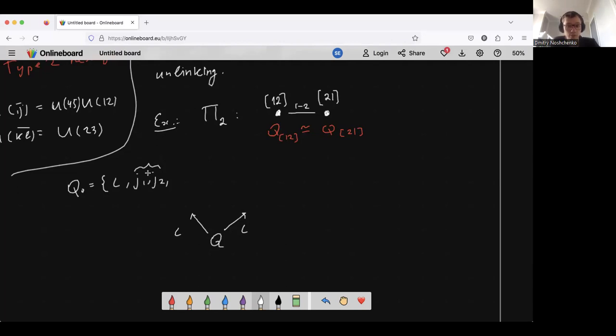So 1 and 2 would be associated to these two nodes and maybe something else; we don't really care about the rest. So this is for Q. Unlinking Q at iota and j1 on one side and iota j2 on the other side will give you some quivers.